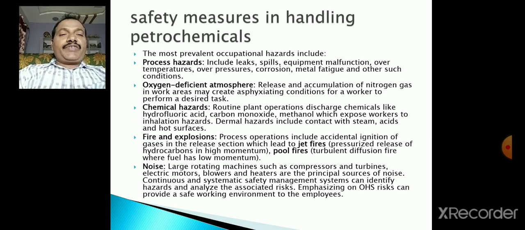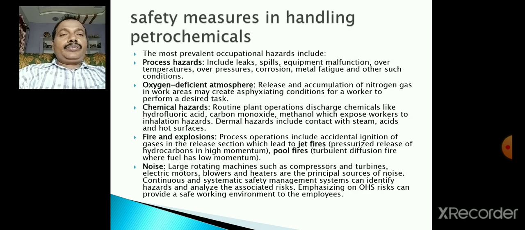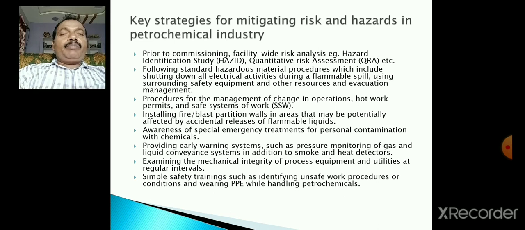And oxygen deficiency, that means nitrogen gas leakage, and chemical hazards, fire explosions and noise problems must also be taken into consideration. We have to avoid such situations by adopting a systematic plan of action in the petrochemical industry.